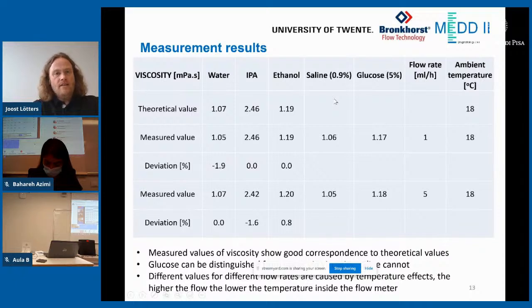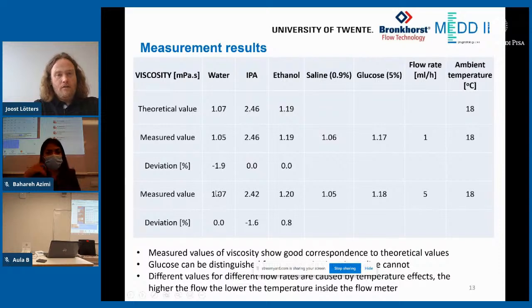So we calibrated the system at a flow rate of 5 milliliters per hour for water, and in the lab it was relatively cold, 18 degrees. And I will show you in the next graph that viscosity is really temperature dependent. So it's essential that you know and monitor and control the temperature.